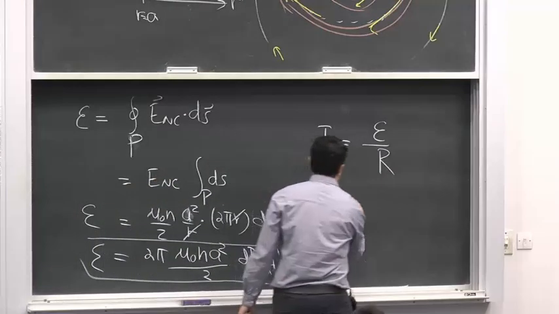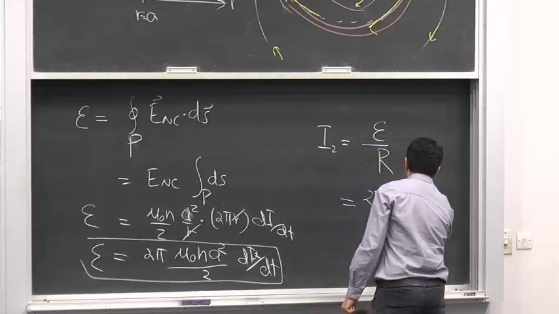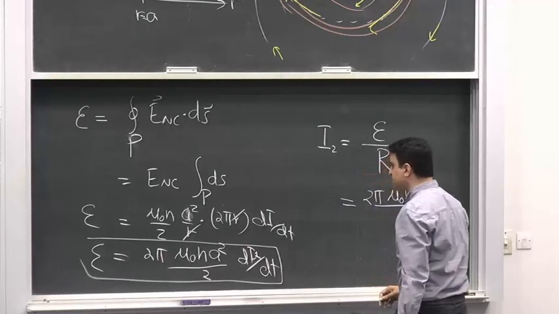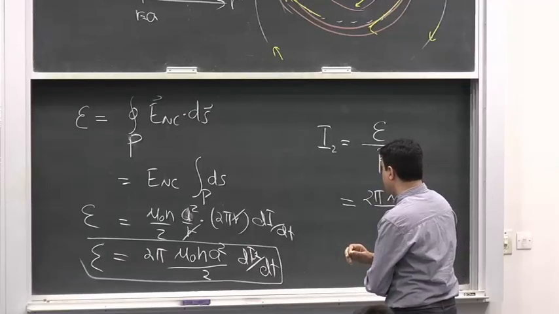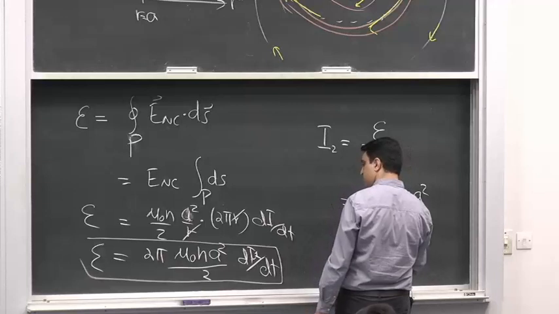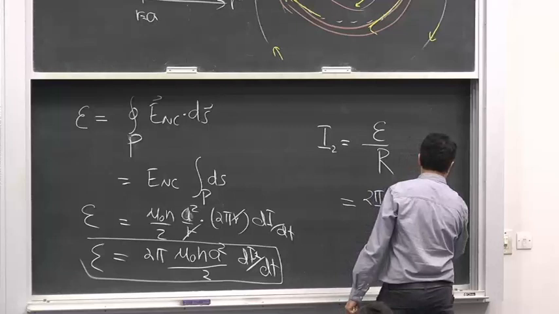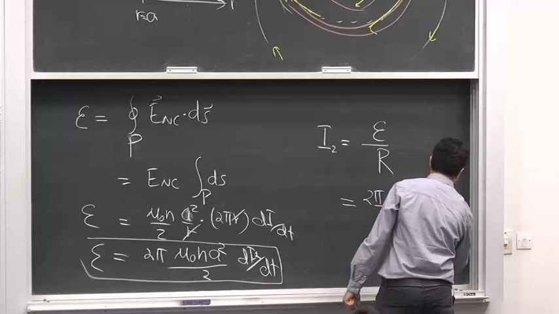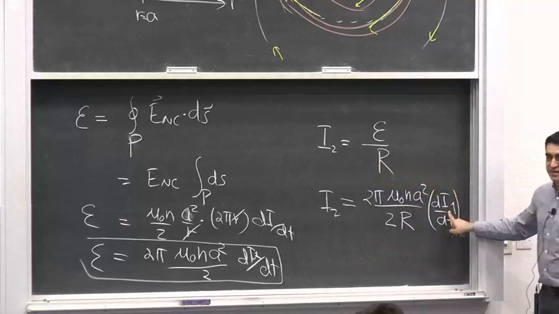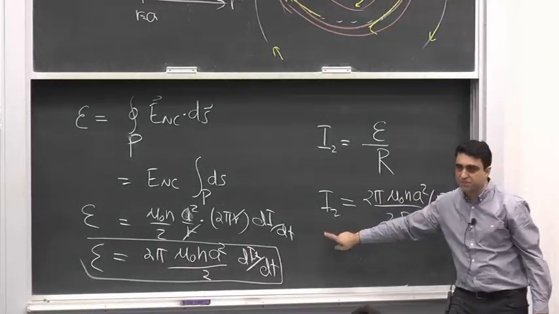And so this I2 would be equal to 2 pi mu naught A squared by 2R, dI1 by dt. So one change in current is producing another current in another coil.